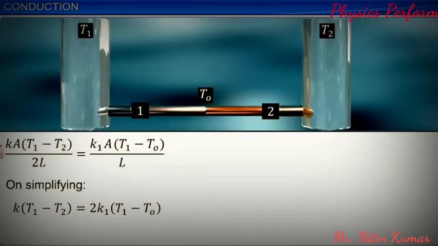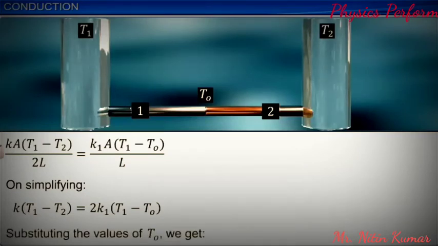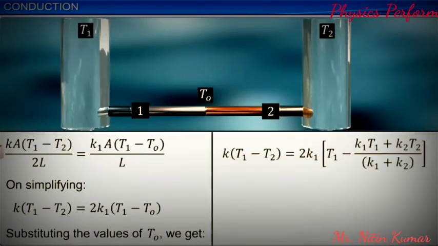Substituting the value of T0, we get K into (T1 minus T2) is equal to 2K1 into [T1 minus (K1 T1 plus K2 T2) by (K1 plus K2)].